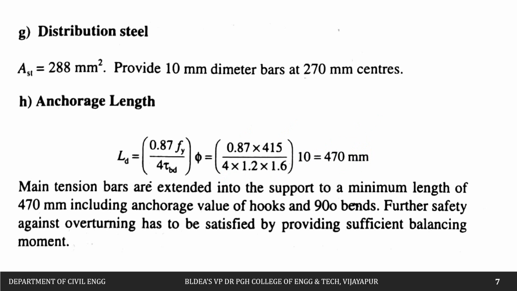The main tension reinforcement which is extended into the support should be up to a minimum length of 470 mm, including the anchorage value of hooks and 90-degree bends. So whatever anchorage we provide has to be 470 mm, inclusive of hooks and bends if you provide them.